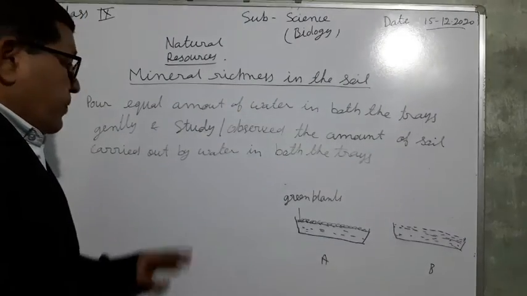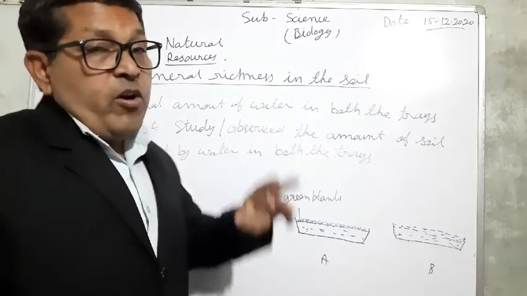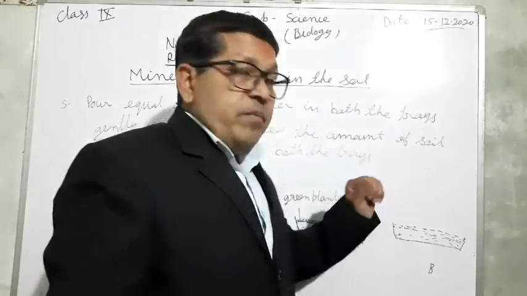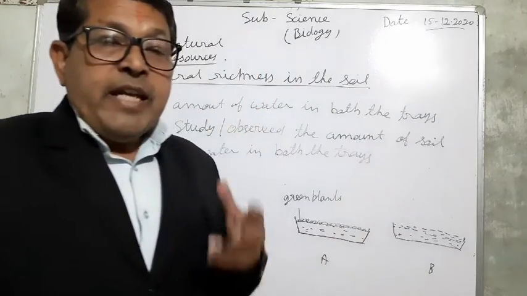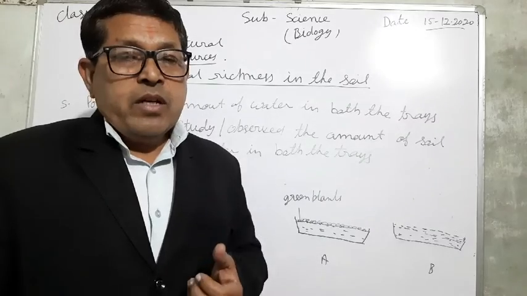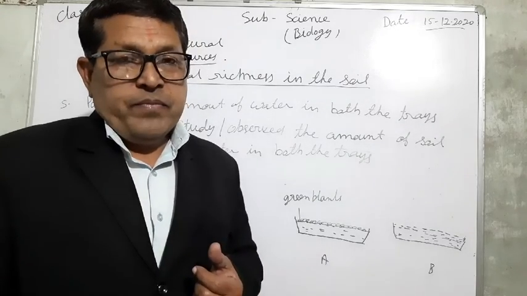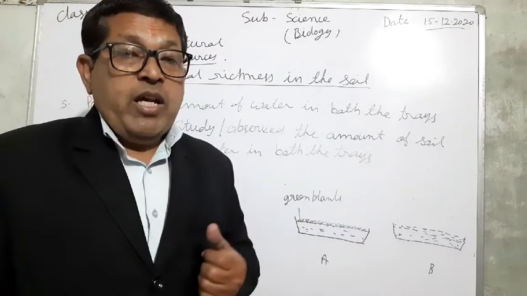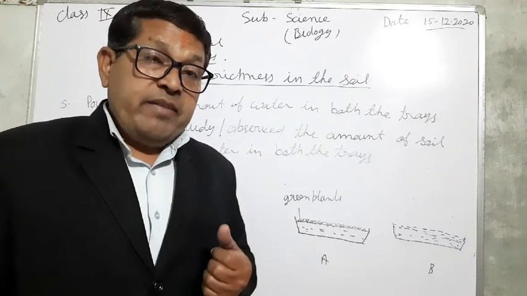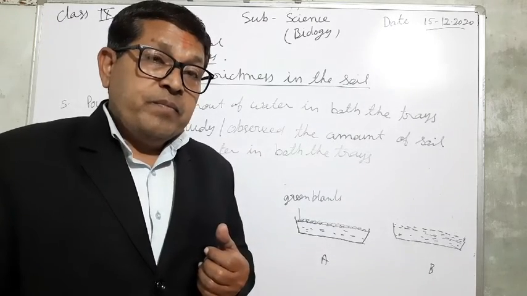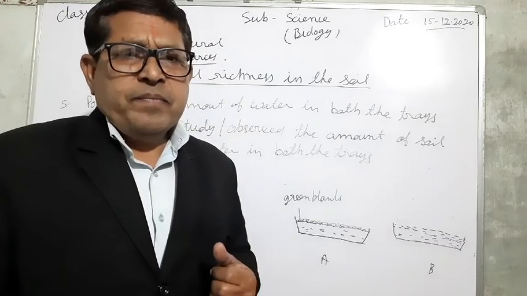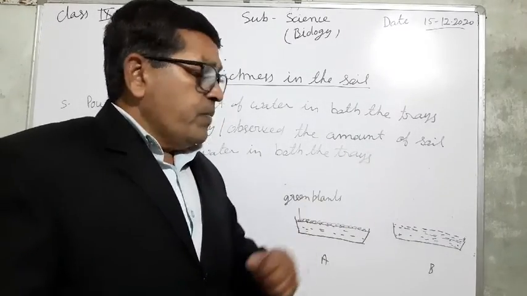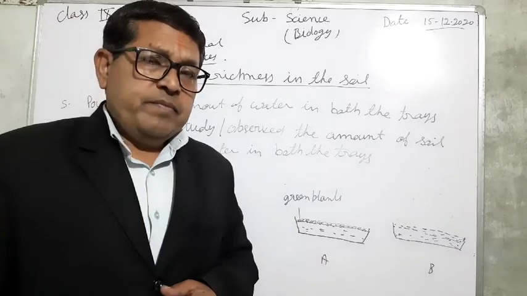In this step, pour an equal amount of water gently in both tray A and tray B, and find the amount of soil carried out by the water. Then you will find that the soil carried by the water is very less in tray A in comparison to tray B.